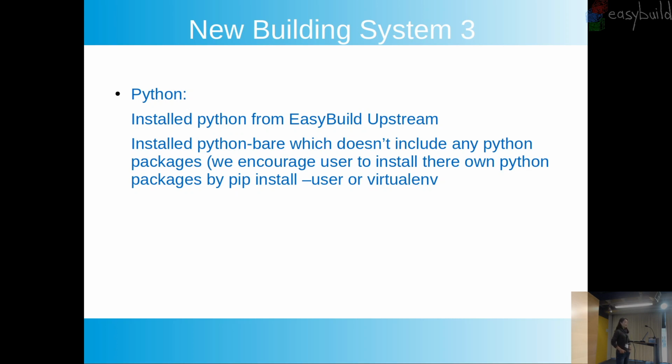Then we install the Python bare one, which doesn't have any packages on it, and we encourage users to install them by themselves, which we think is much easier for them.